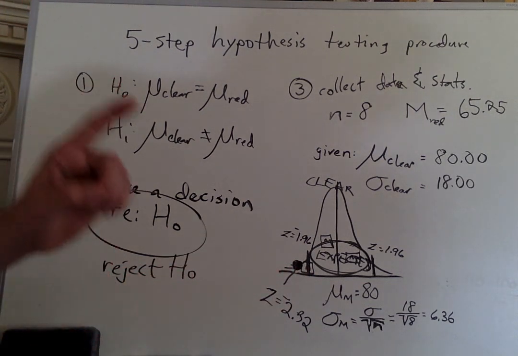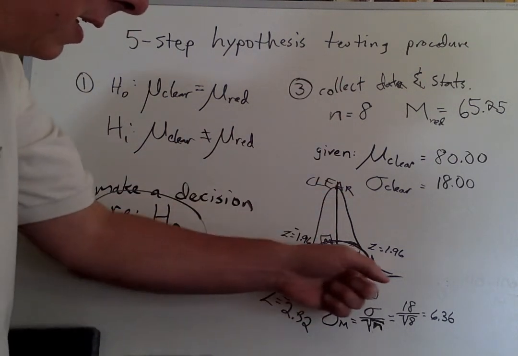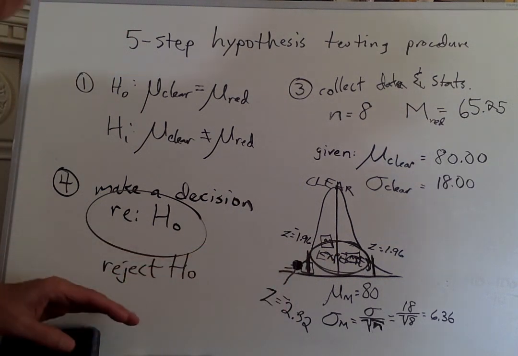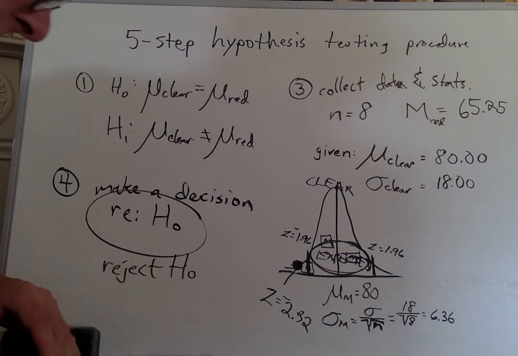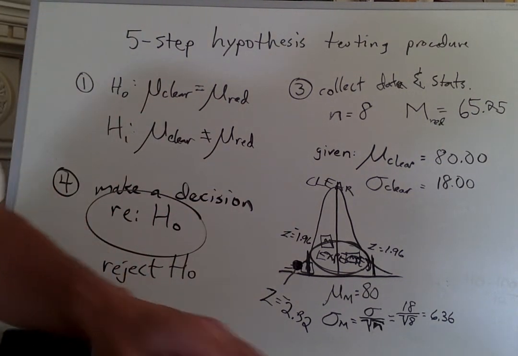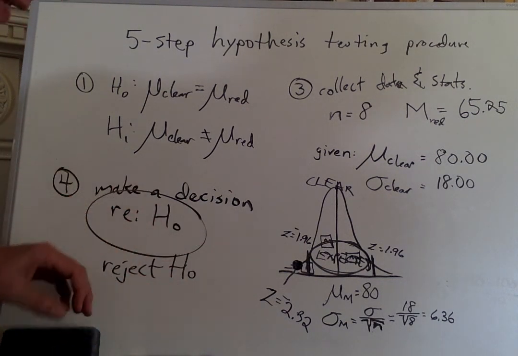Okay? If the z-score that we got was in here, then my decision would be fail to reject the null. Don't accept anything. This is double negative. We need to be careful with how we state this.